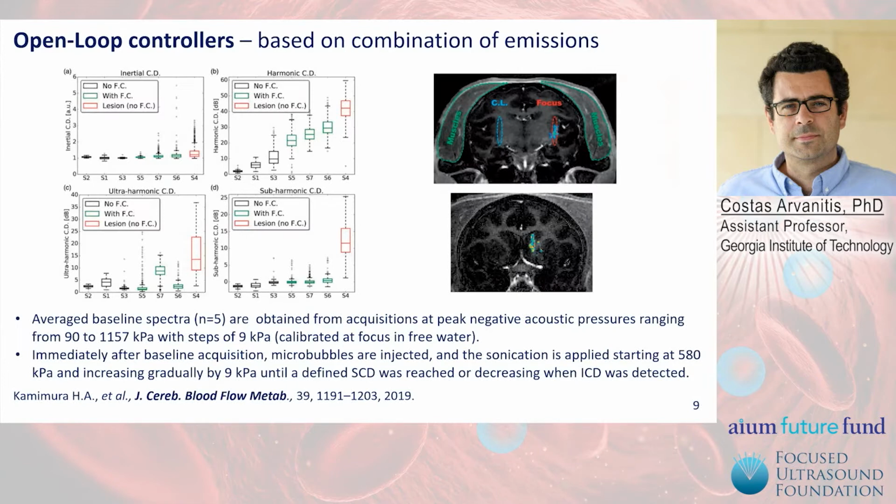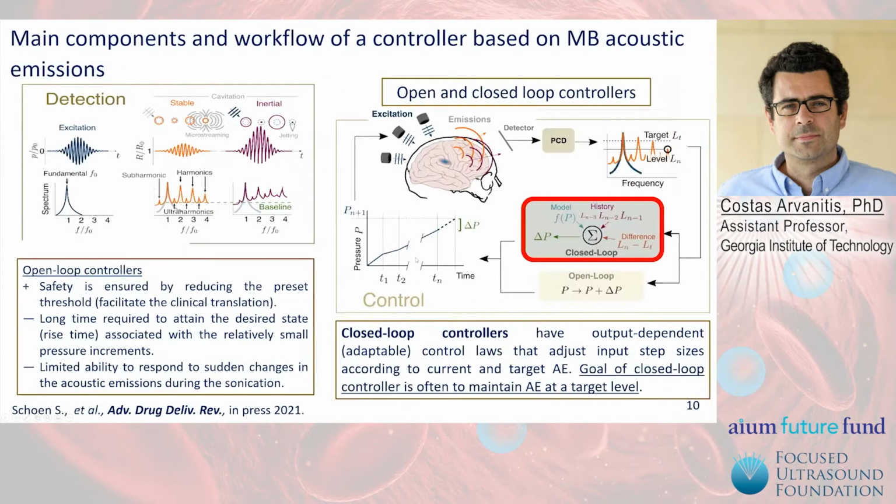If broadband emissions are detected before this threshold, then the maximum negative step is employed and the treatment continues at that level. Good responses have also been observed with this controller in non-human primates, and it is now in the clinical setting. So overall, due to the characteristics of an open loop controller, safety is ensured and was very robust, and clinical translation has already been performed with those.